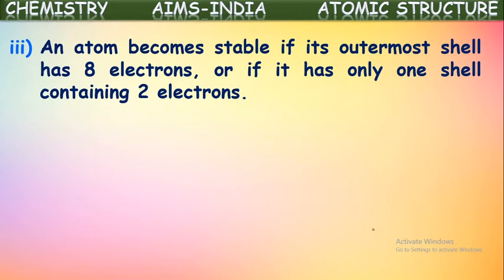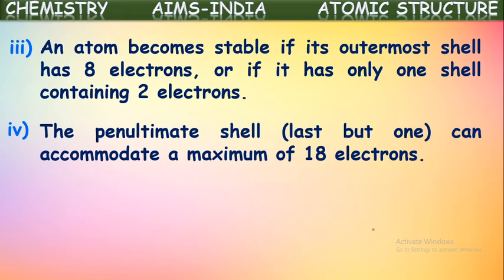If it has only one shell, then it can contain 2 electrons, and such elements are stable. If it has more than one shell, and there are 8 electrons in its valence shell or last shell, then that atom is observed to be more stable. It has the least reactivity.